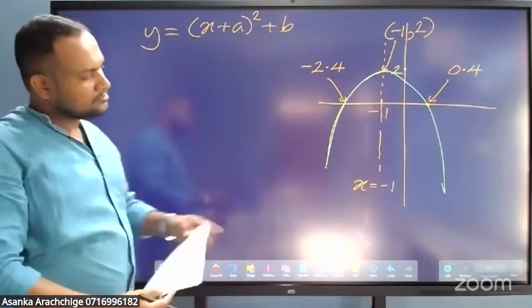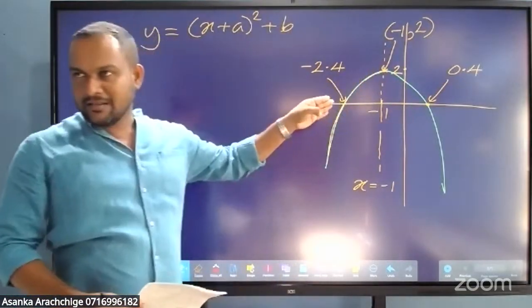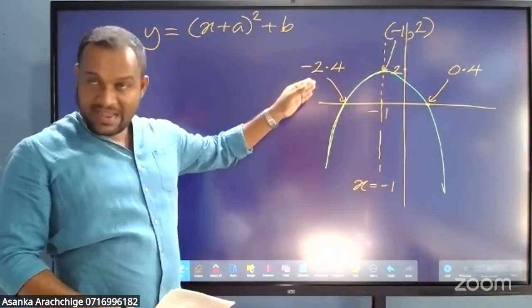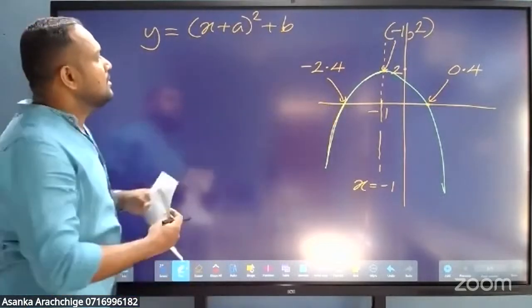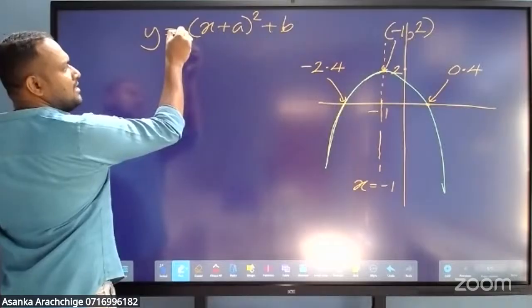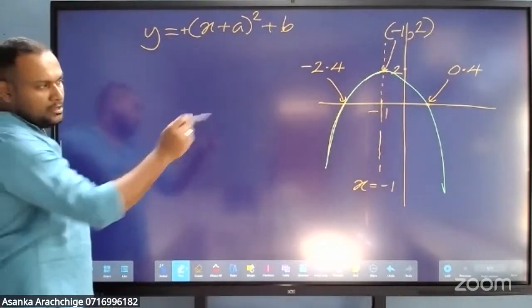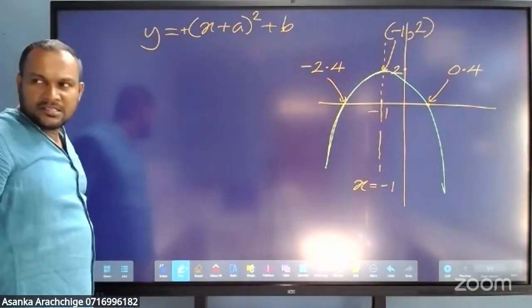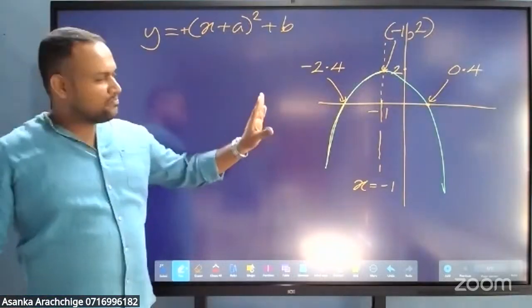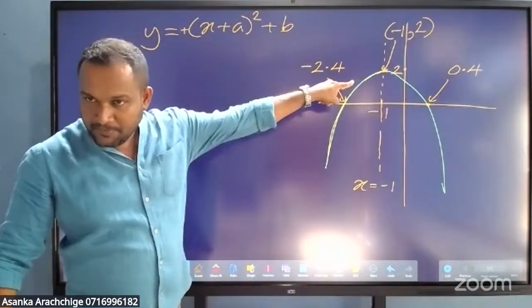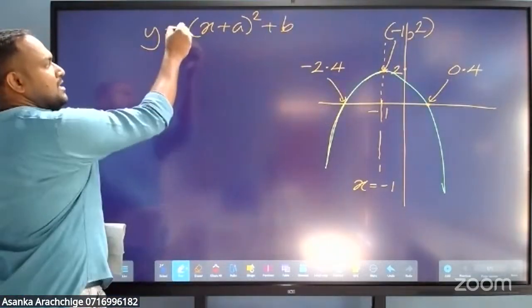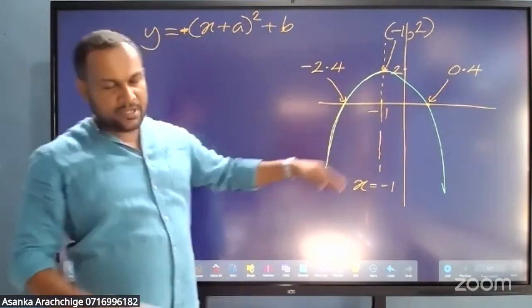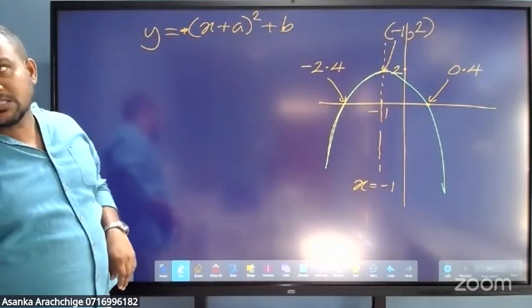If the parabola has a maximum point, the sign of the square part is negative. If the parabola has a minimum point, the sign of the square part is positive.